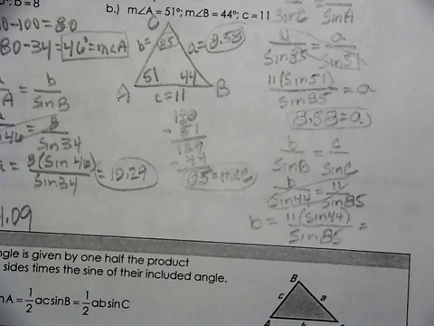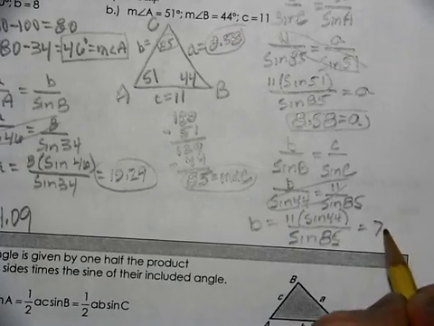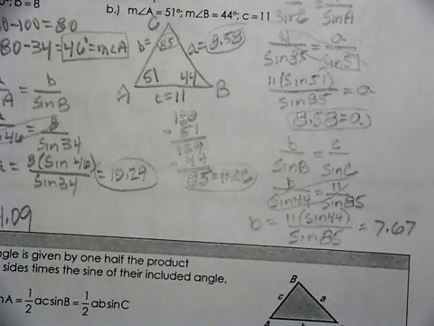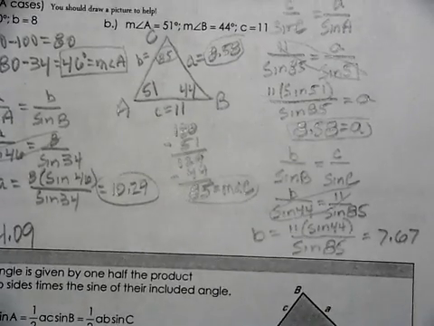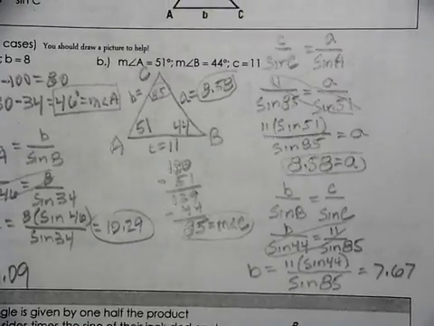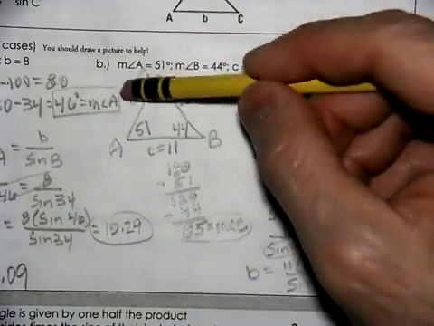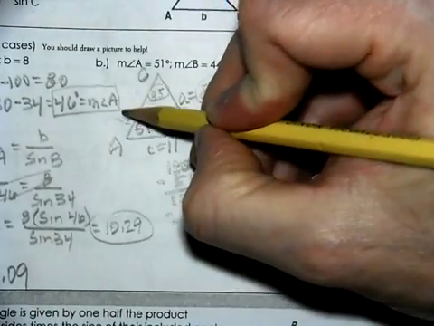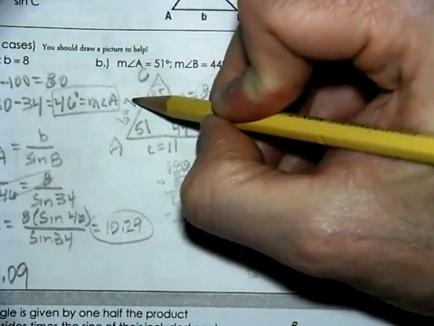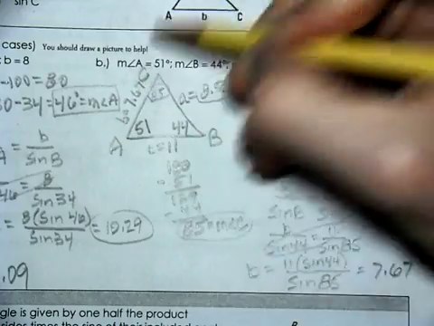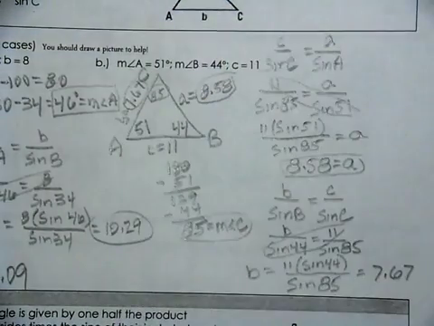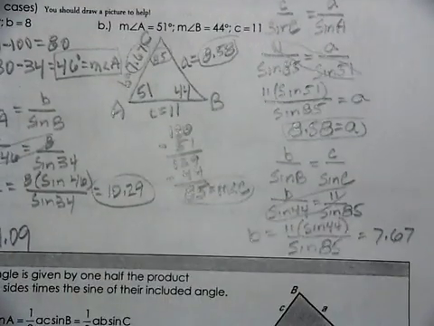And when we use our calculator, we'll find out that that's 7.67. So we can come up to our picture. I'll move this B over a little bit. So B is going to equal 7.67. And we should circle that to show that we calculated that amount.